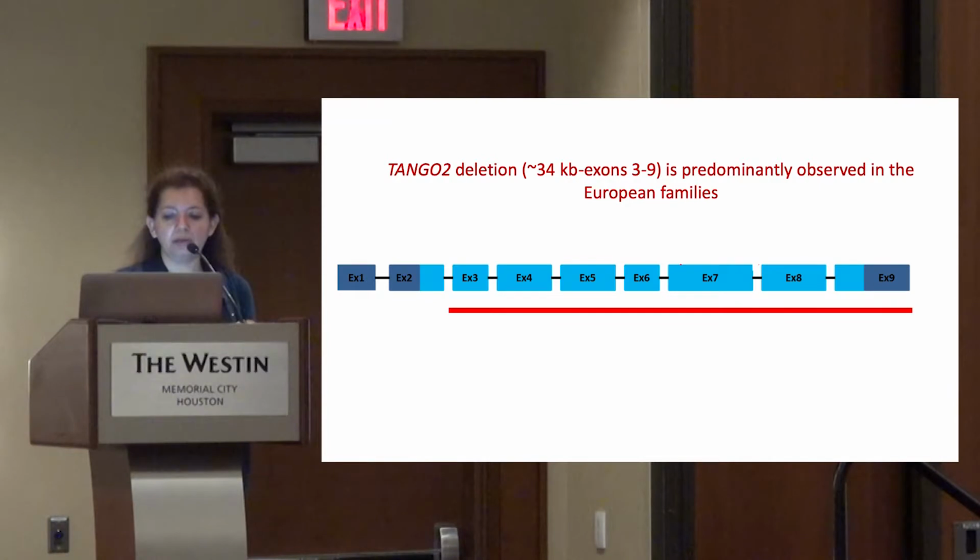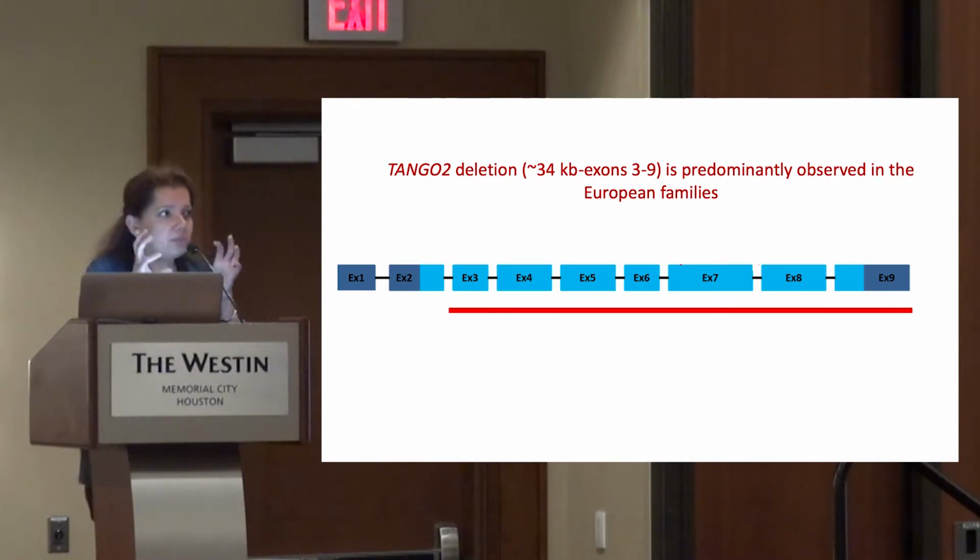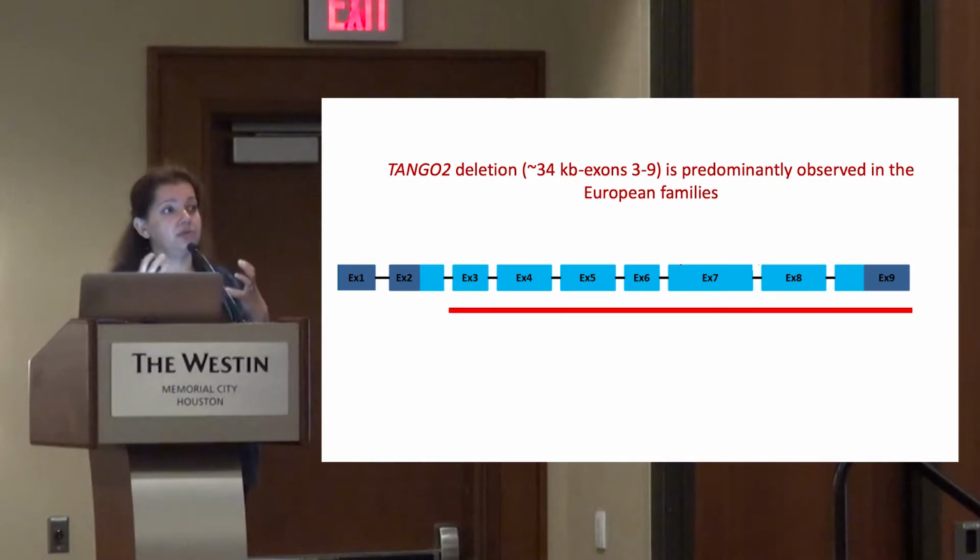So here is the gene, EX means exon, and this is the TANGO2 gene. It has 9 exons. Exons are the most important part of a gene because they make a protein, which, like I said, has a role in the development of the brain and the muscle. It has a very important role, this TANGO2 protein.